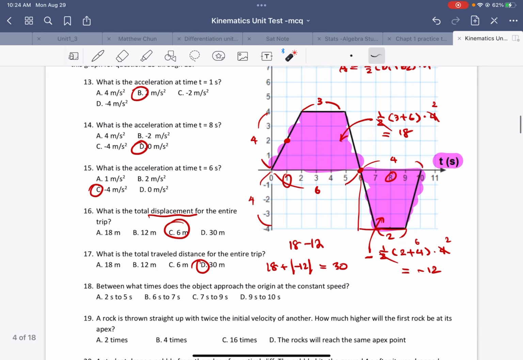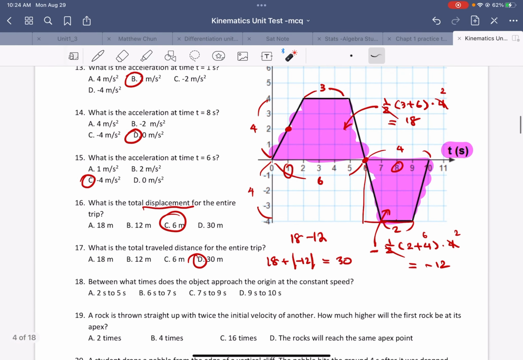But which one is the answer? Positive velocity means away from the origin, right? But approaching the origin means it's negative. So negative constant velocity is basically here. So the answer is 7 to 9.